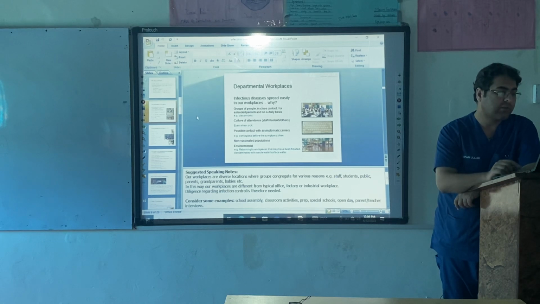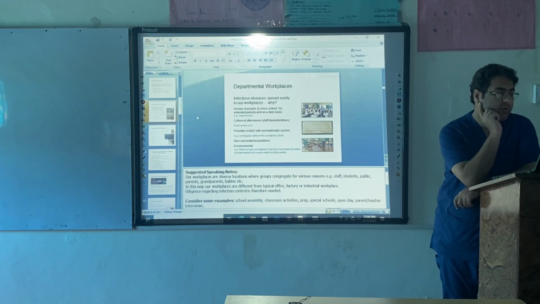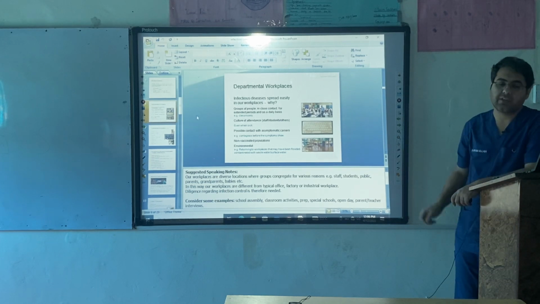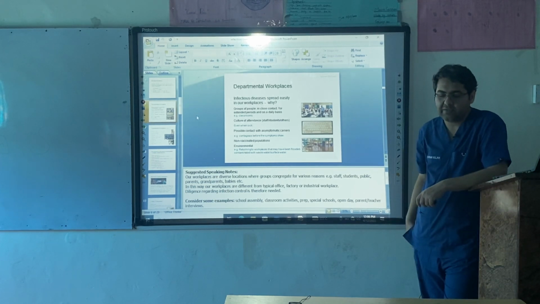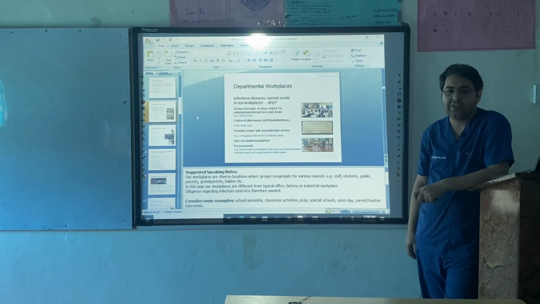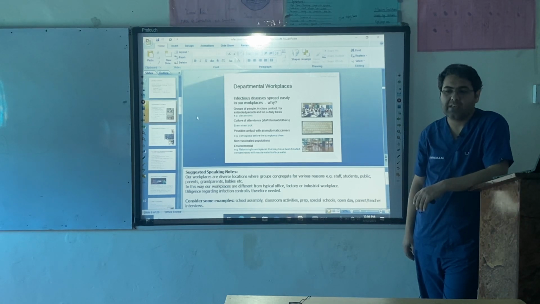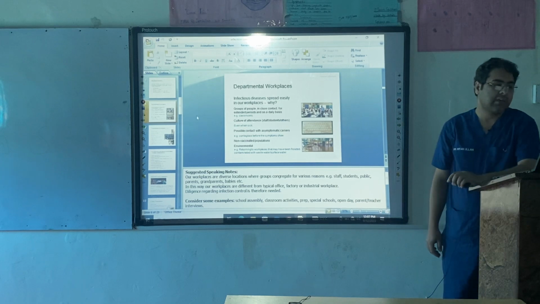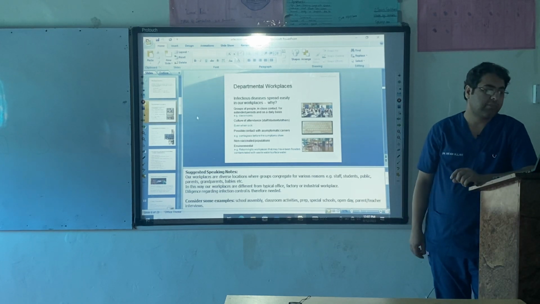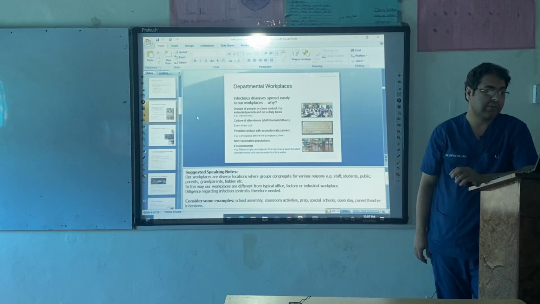Because groups of people are in close contact for extended periods and on a daily basis, for example in classrooms. In medical terms, we always talk about what overcrowding is. If you know what overcrowding is, it will help you understand that in overcrowding, most diseases can spread easily, and they have a medium for spread. So, for example, groups of people in close contact for extended periods on a daily basis, for example classrooms in a school, in a college, in a medical college.